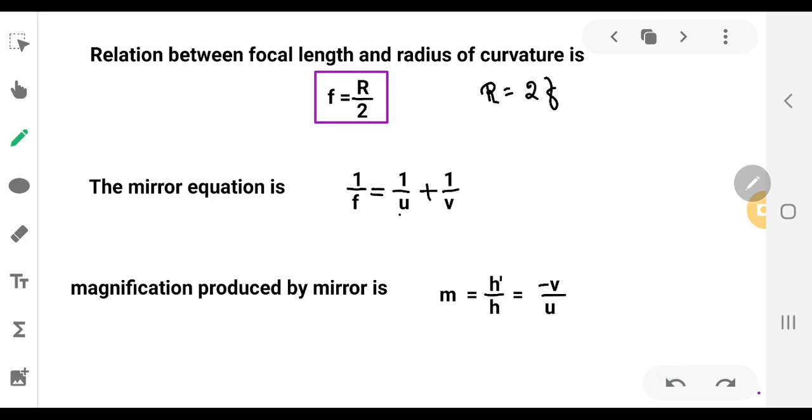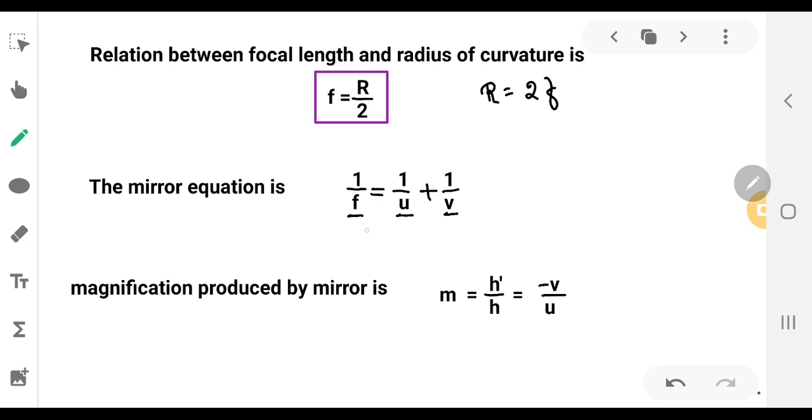The distance of the object from the mirror is called the object distance, denoted by the letter u. The distance of the image formed from the mirror is called the image distance, and it is denoted by the letter v, and f is the focal length.